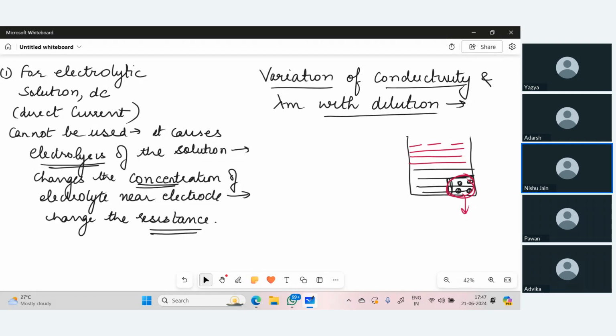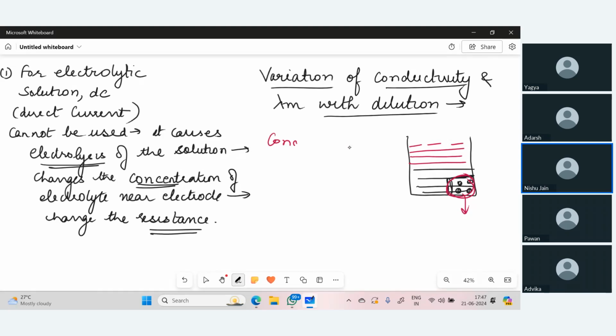One of you can tell me? It will decrease, because the ions get distributed in more volume. So number of ions per unit volume will decrease. And if number of ions are less, then the conductivity is also less. So how does it vary with dilution?